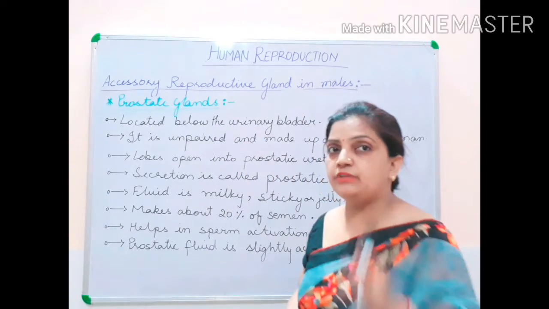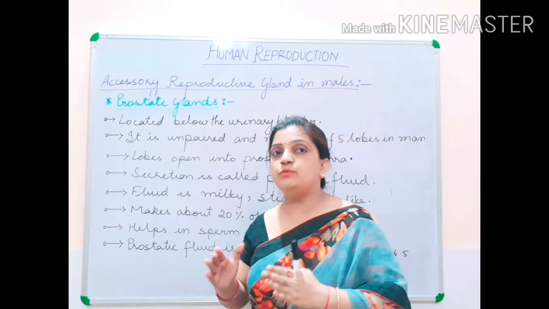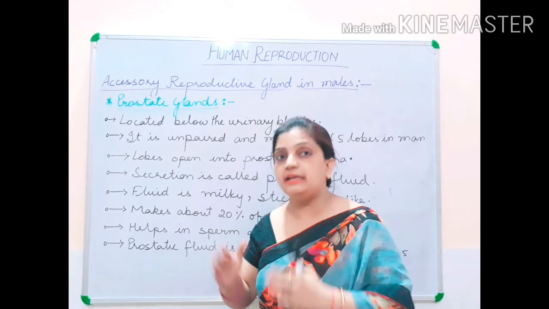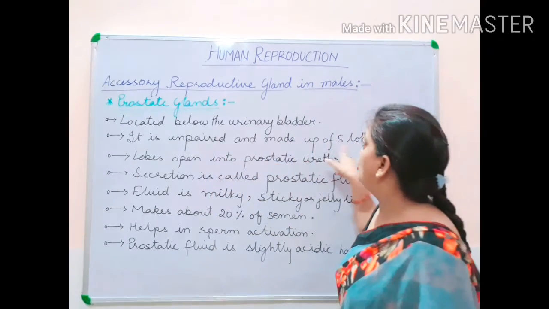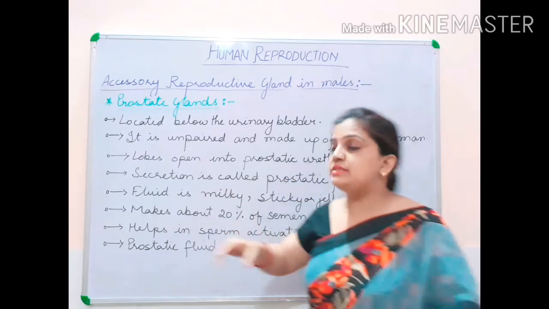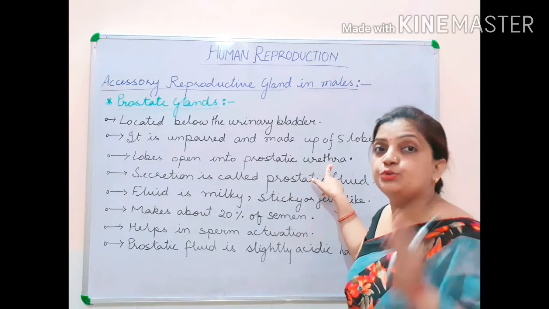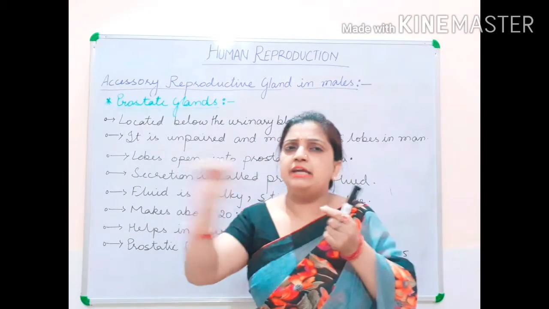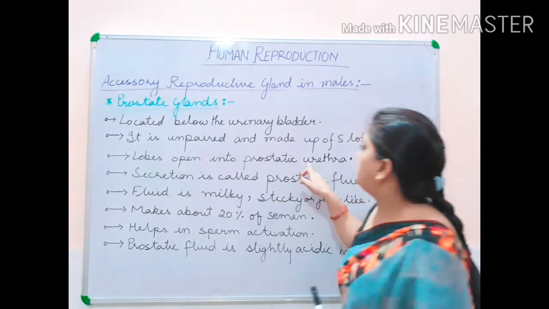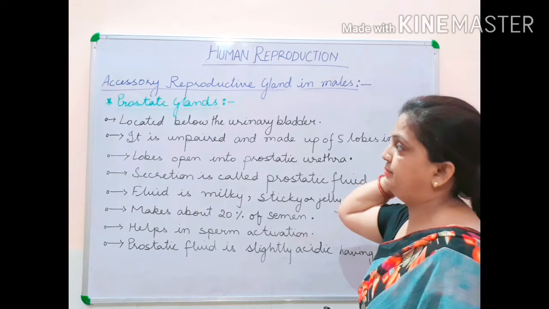The first one was the prostatic urethra, which is located in the prostate gland area. So these 5 lobes of the prostate gland open into the same prostatic urethra with very fine openings, very fine apertures.